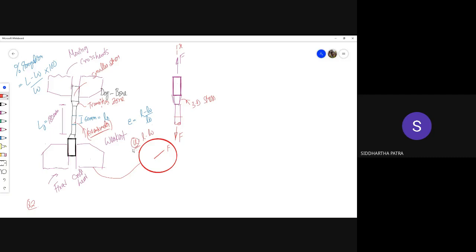And you simply divide that force by the original cross-section area, because that is the reading that you have, right? You are not always measuring the diameter as the experiment progresses. So that only gives you the stress.